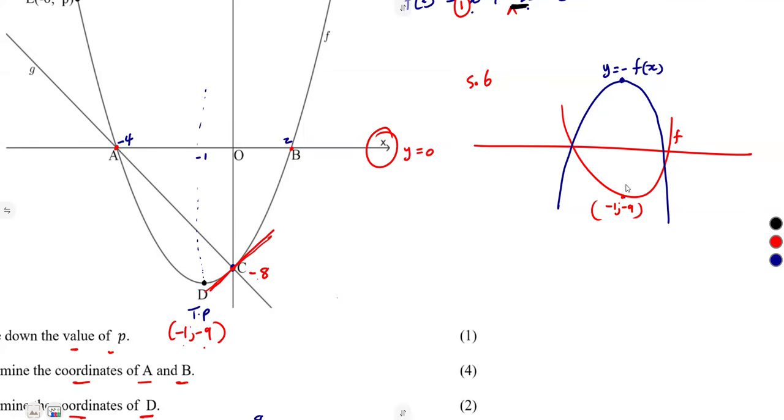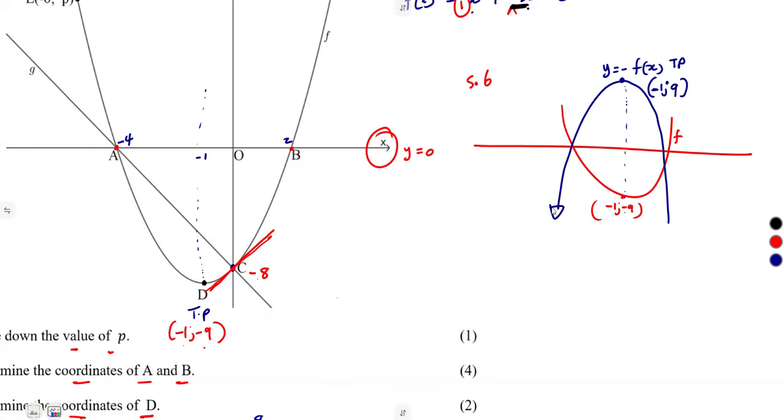Its turning point, the x value is not going to change. It's going to remain as it is. So the x value is going to be -1, but the y value will be multiplied by a negative. Negative times this negative will be a +9. So the turning point of the graph of y is equal to minus f of x is going to be at (-1, 9).